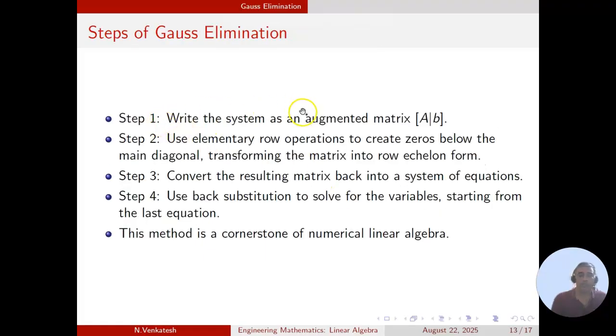So the first step is to write an augmented matrix, and second we perform elementary row operations such that we get an upper triangular matrix. Whatever intermediate results we get, we call that an echelon form. And once you get an upper triangular matrix, we convert that into a system of equations and do substitutions to get the results.